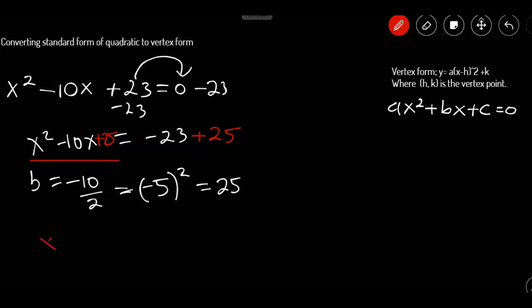So here we get our perfect trinomial: x minus 5, and we take one of it and we put a square here.